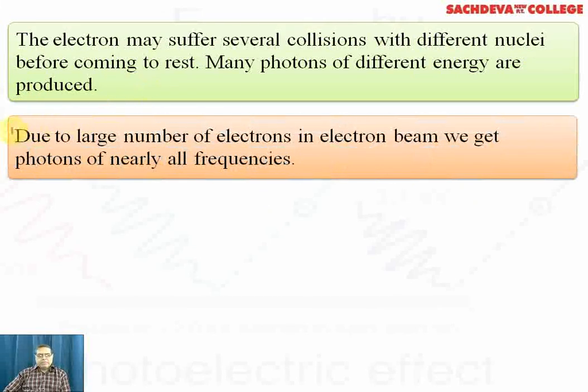We will remember that the wavelength varies from 10 to the power minus 10 meters to 10 to the power minus 11 meters. Due to the large number of electrons in the electron beam, we get photons of nearly all frequencies, and these frequencies vary from 10 to the power 18 to 10 to the power 19 hertz.